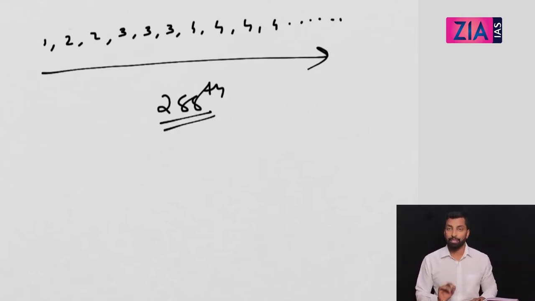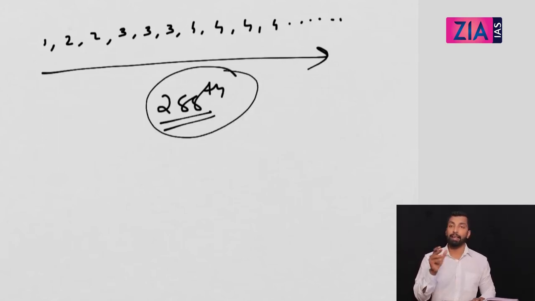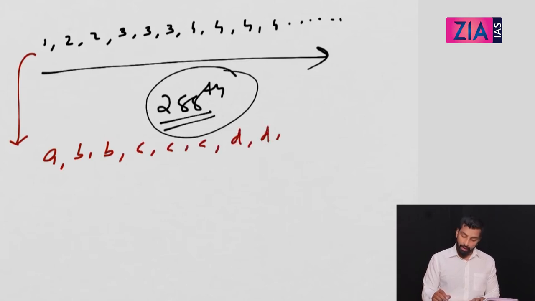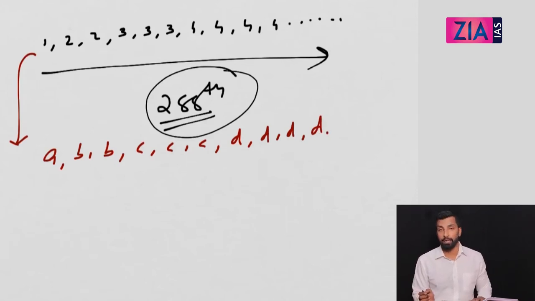This was the actual question. If you want, you can get the 289th term, 300th term, 312th term, 325th term, whatever it is; we are going to solve it. We will solve for 288 and we get the answer for everything. Now instead of 1, 2, 2, 3, 3, 3, 4, 4, 4, 4, the actual question was A, B, B, C, C, C, D, D, D, D. This was the question and the 288th term is what was asked.